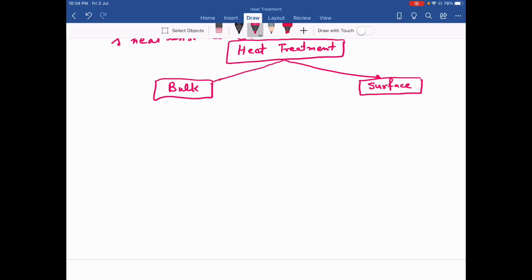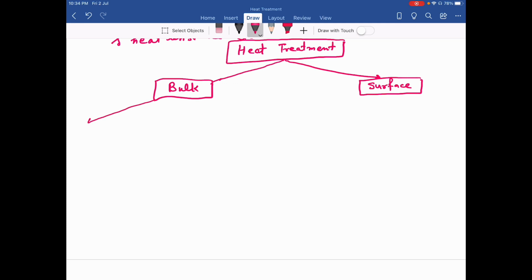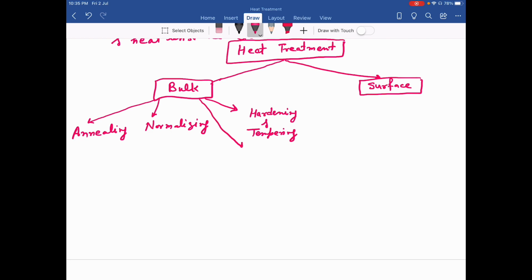Now the bulk processes, these are annealing, okay, then normalizing, another one is hardening and tempering, another one is martempering, there is one more heat treatment process that we call as austempering.